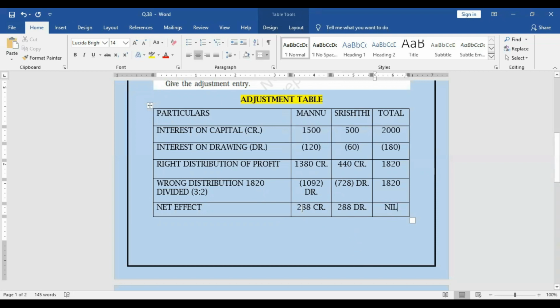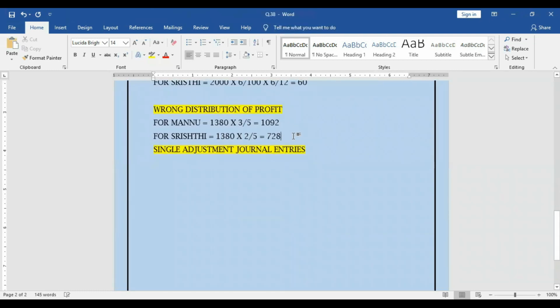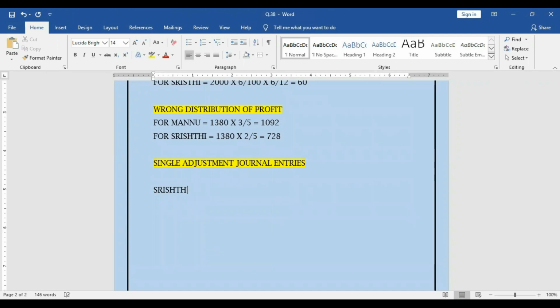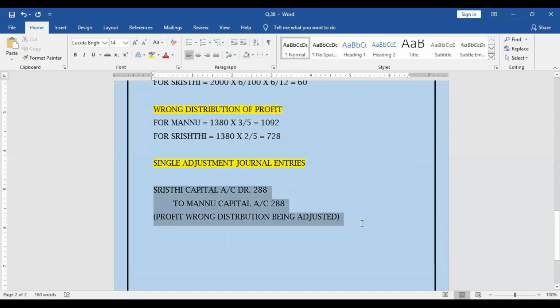So the final answer for the adjustment entry is Srishti capital account debited with 288. Narration. So this is the final answer.